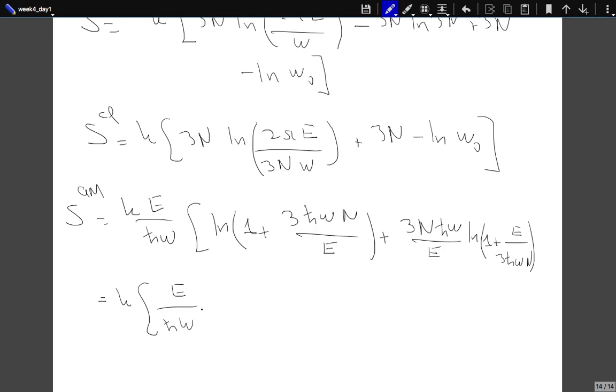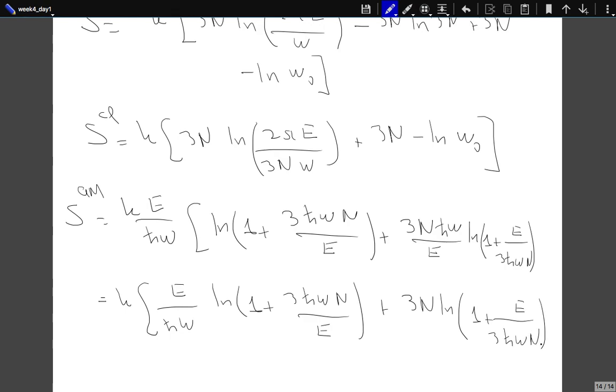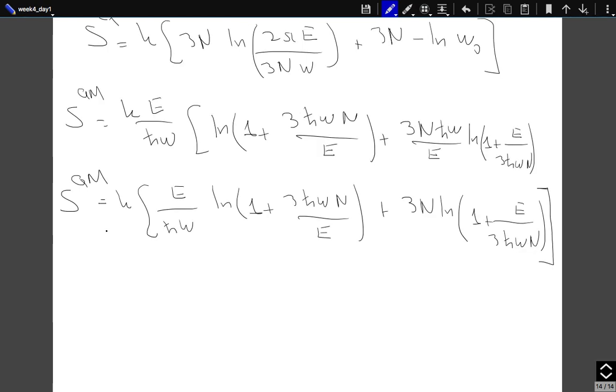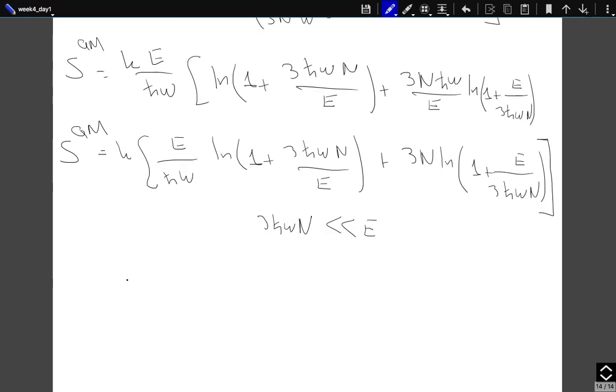K times e over h bar omega logarithm of 1 plus 3 h bar omega n over e times 3n logarithm of 1 plus e over 3 h bar omega n. So these should be basically equal. Now, also keep in mind that quantum mechanical effects will be important in a certain limit. In the limit that 3h bar omega n is much smaller than E. Well, let's see what that will give us.